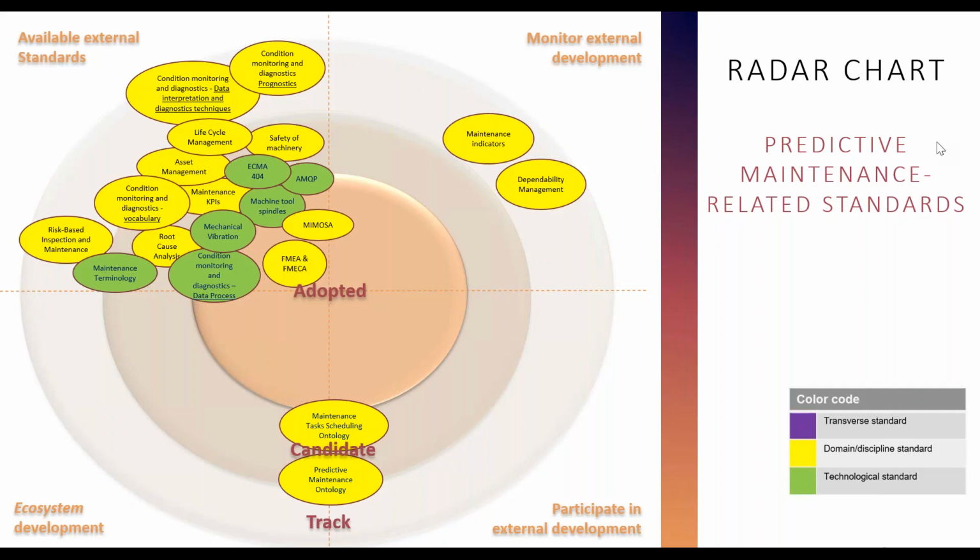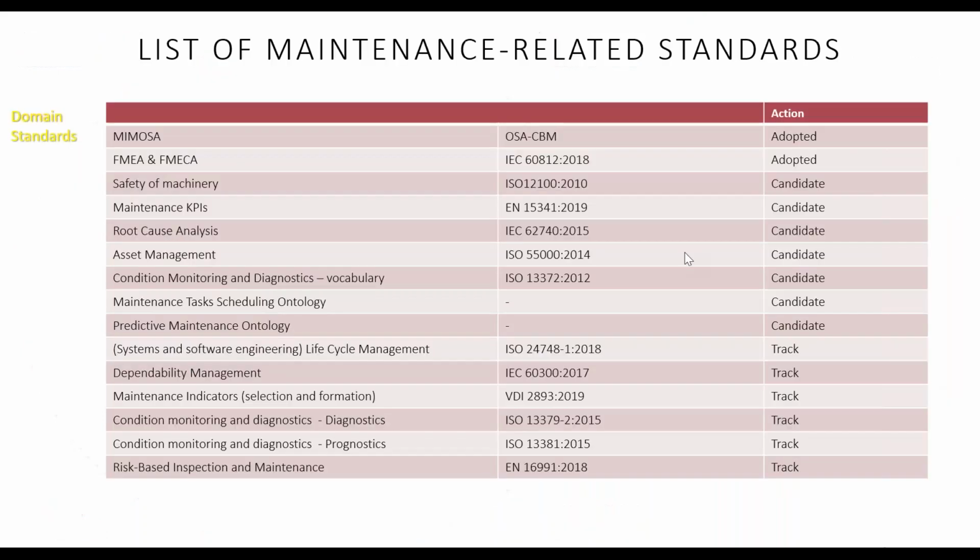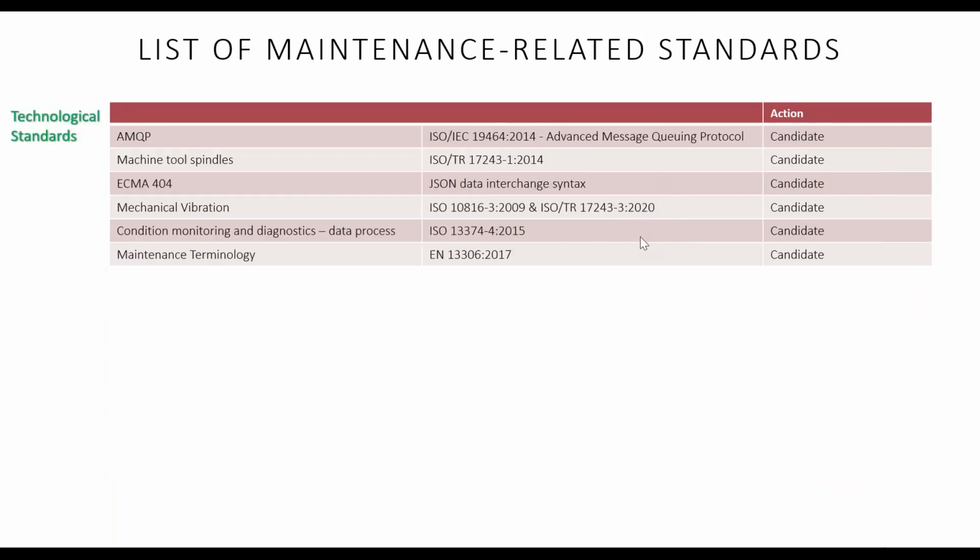This chart is populated because we wanted to bring your attention to these standards and support their adoption in the future IoT. In parallel, we also present here the references for each standard.